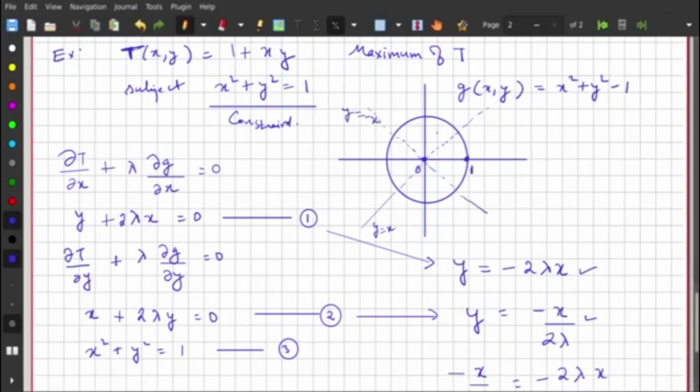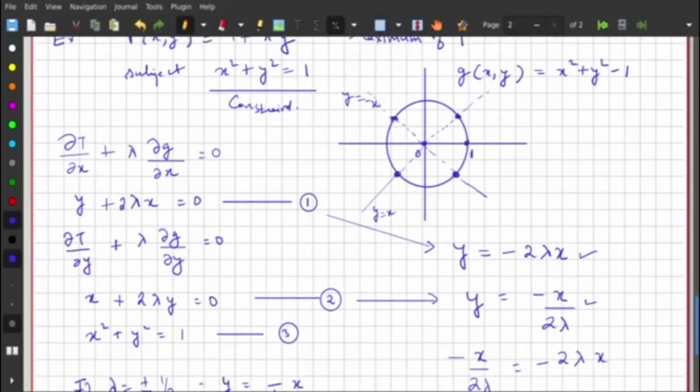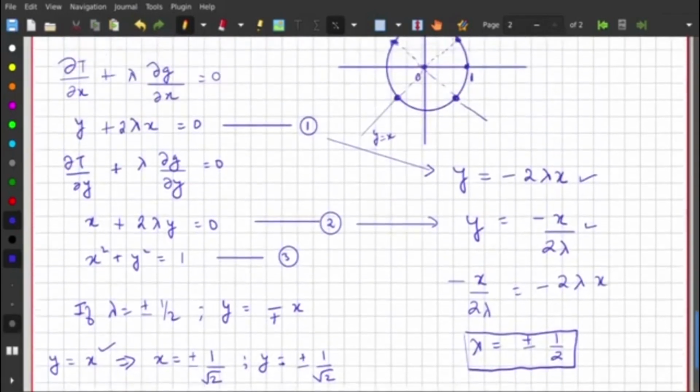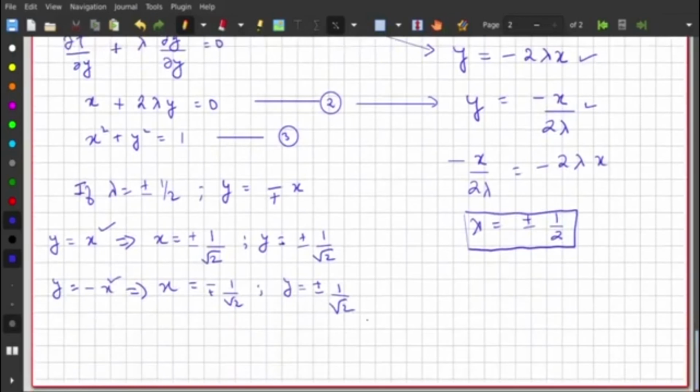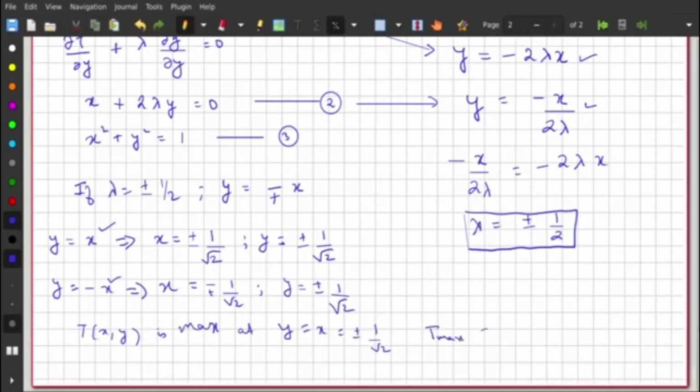So these are the critical points that we found, plus or minus 1 over root 2 in both x and y. Now if we substitute the values of x and y, we will find that t of x, y is maximum at y equals x equals plus or minus 1 over root 2, and the value of t max is 3/2.